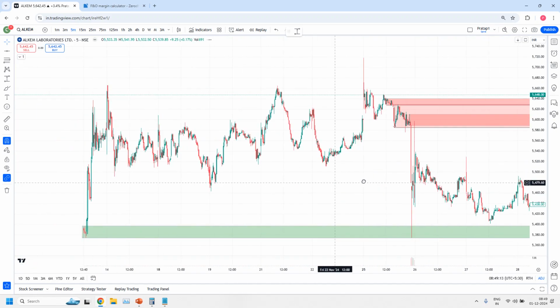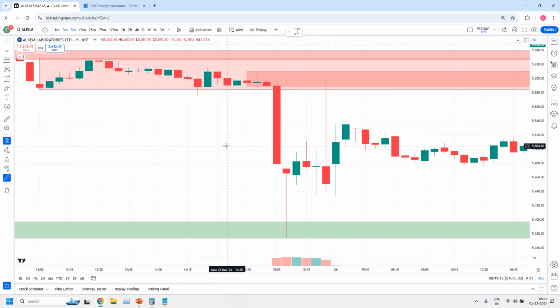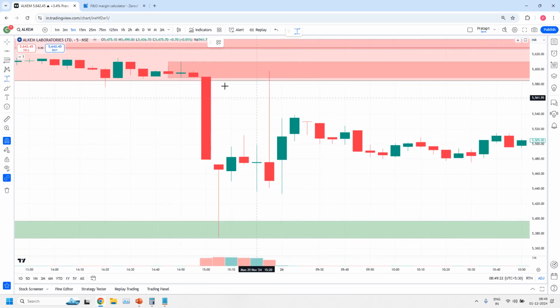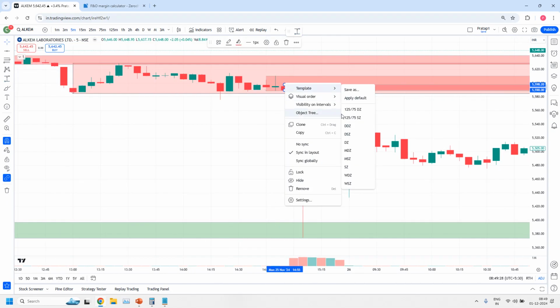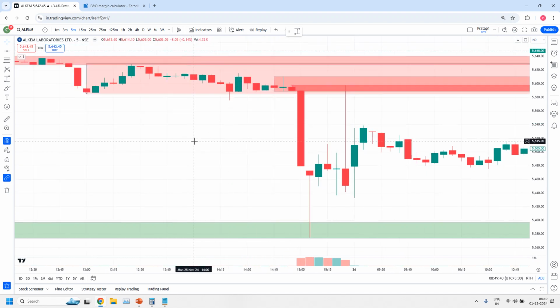And let me tell you the reasons why this zone failed. Here you have an institutional order flow at 5 minutes. See, this candle is a drop candle, failed ERC candle as a leg-in for 5 minutes.